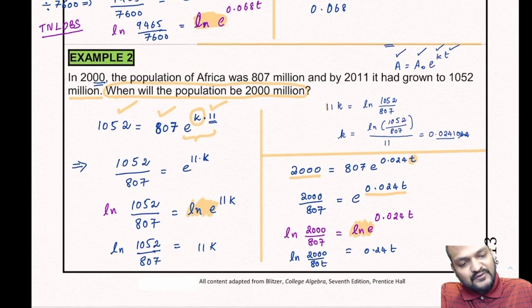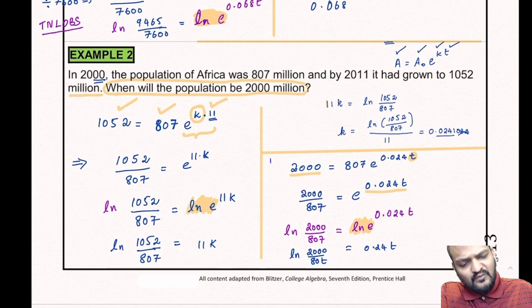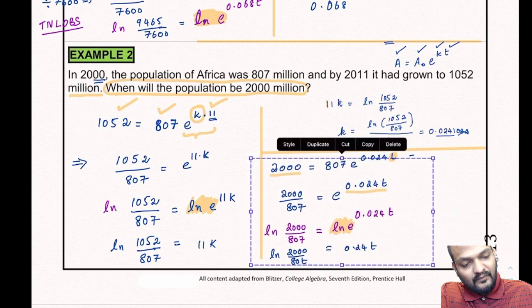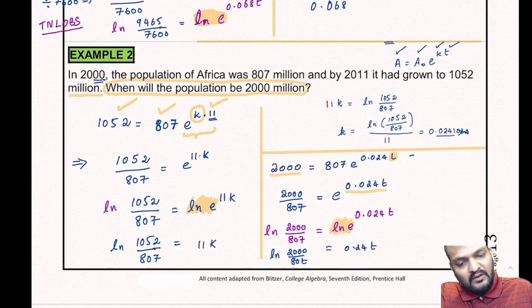Now, if I try to solve, let me move these things in here, I have some space. Somehow the line crossing the t has been cut off. Let's rewrite it.